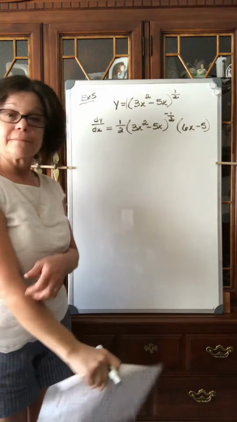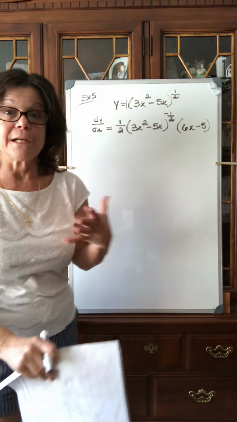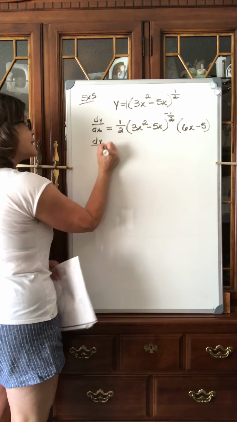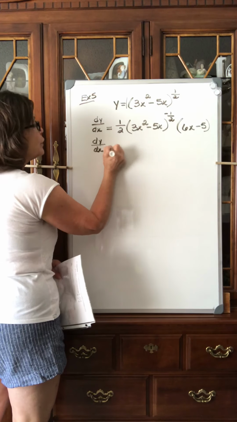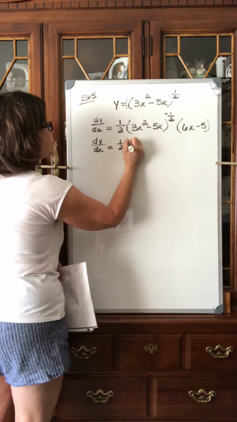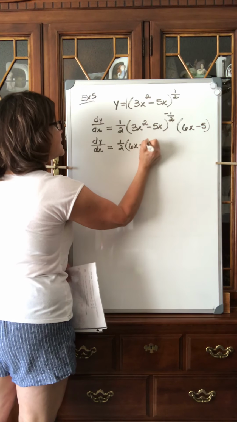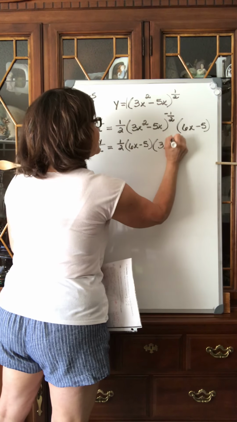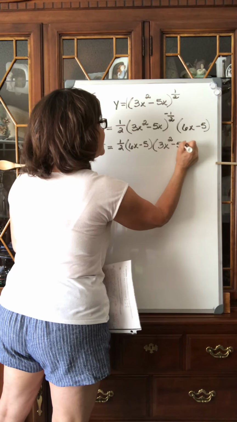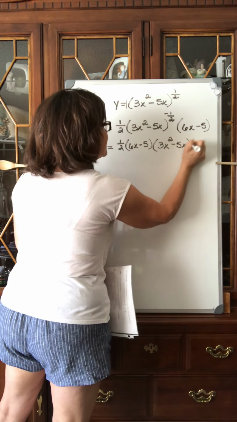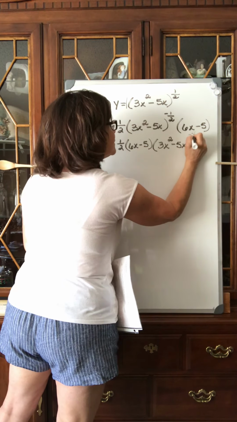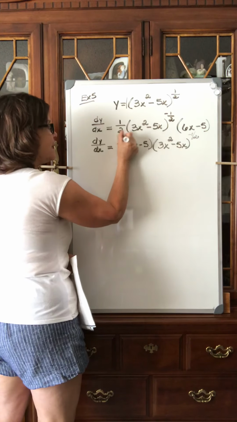Now I've got to clean it up. I'm going to use the commutative property like I did in the last example. Reorder, so I have 1/2 times 6x minus 5 times the 3x squared minus 5x raised to the negative 1/2 power. Distribute the 1/2.